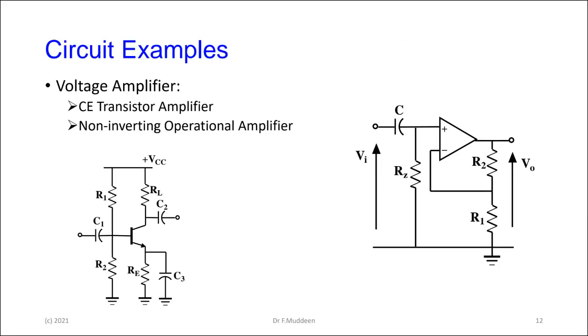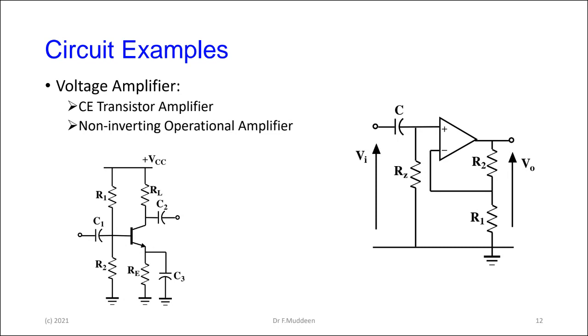Well, of course, the voltage amplifier you've met all over the place already. For instance, the one on the bottom left is a common emitter transistor. That's the one with the H-bias type circuit, right? And on the right-hand side, you have the non-inverting operational amplifier. So those are voltage amplifiers that you're well aware of.